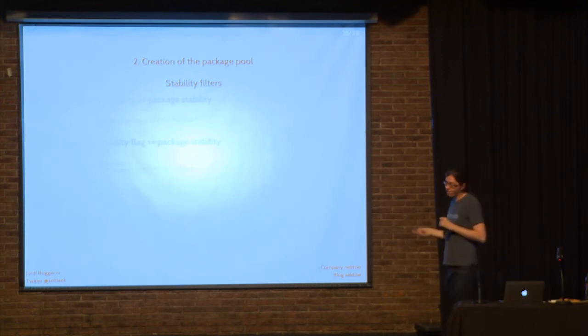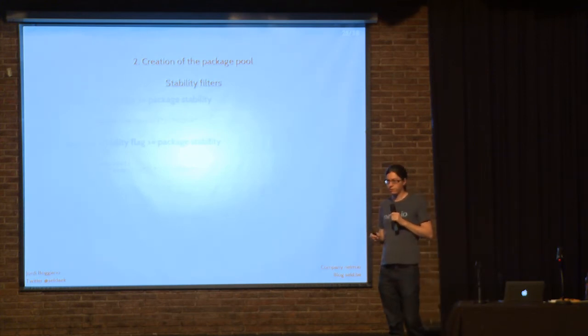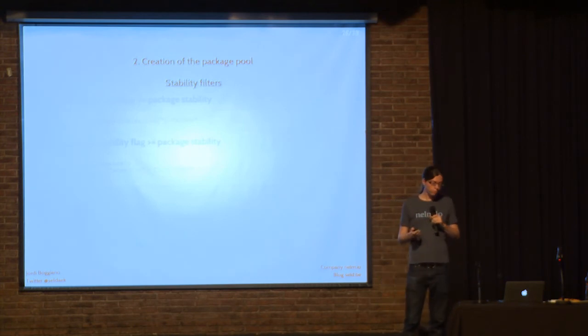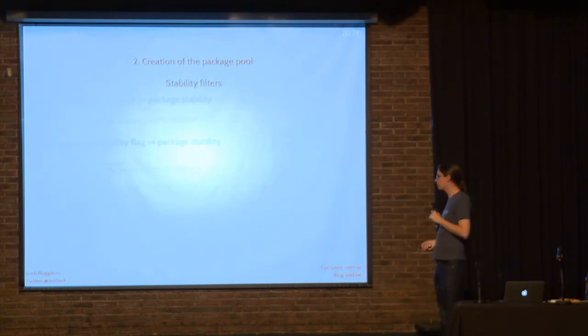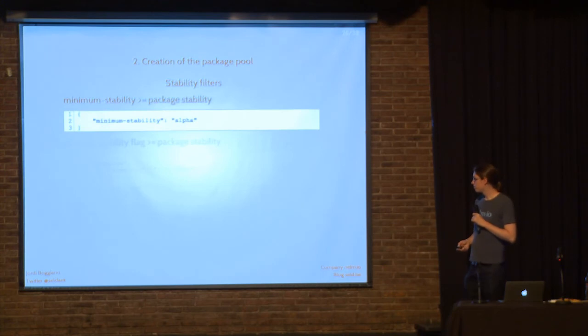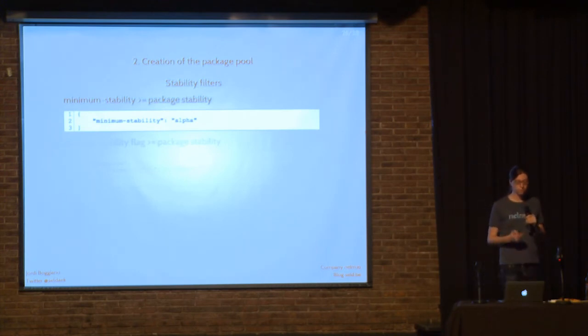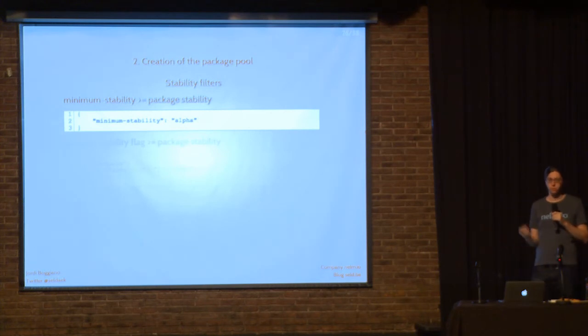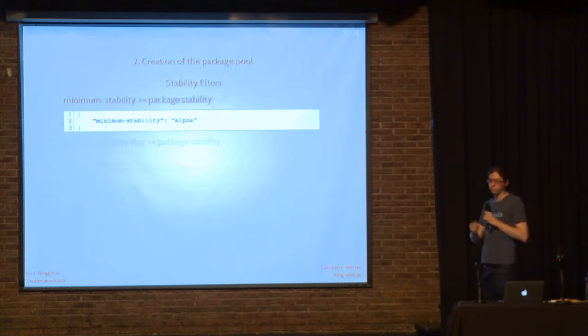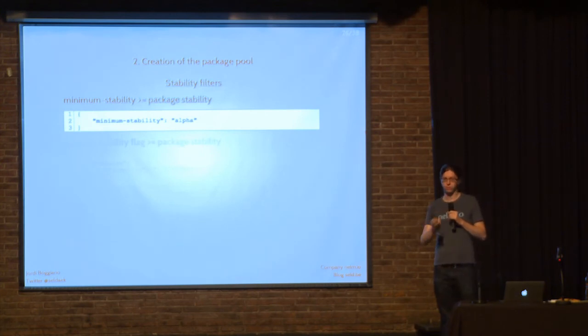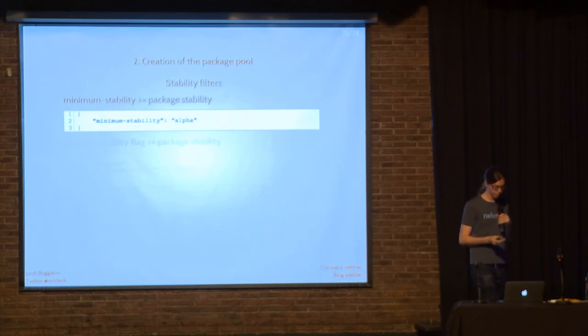Then, while we add all those repositories and packages to the pool, we filter them with stability filters. There are two ways to deal with this. One is the minimum stability, which defaults to stable, and so by default filters anything that is not stable. Stable means just a version number: a release, like a tag with just a version number, is stable.